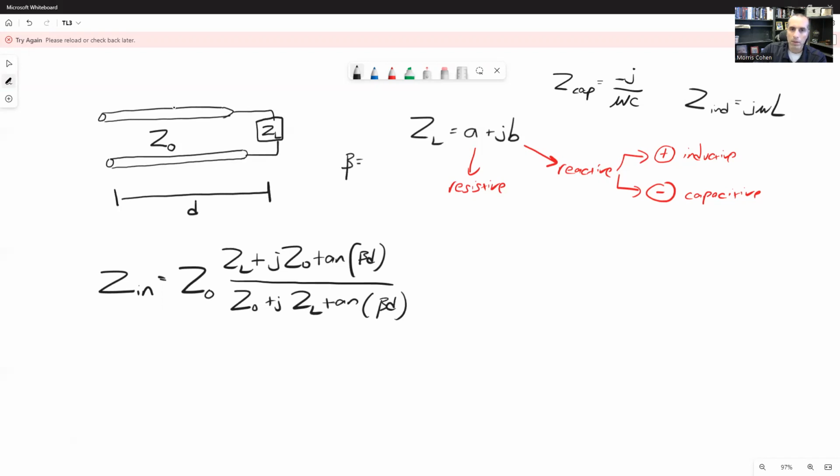Beta is 2 pi divided by the wavelength. The frequency times the wavelength equals the propagation velocity. And the input impedance is basically defined at the input, at distance D away.